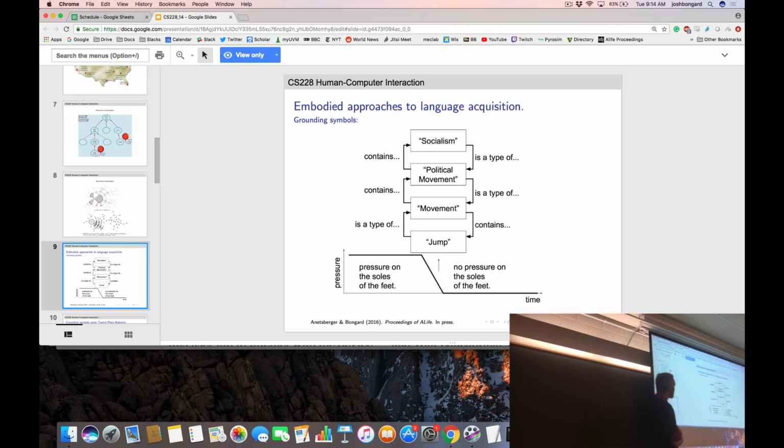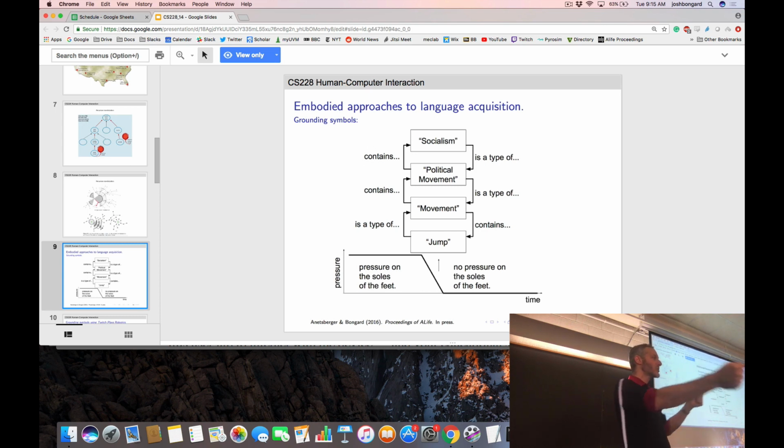There's a theory that's been out in the field for a long time, which says that one way to teach robots language is to get them to ground the symbols of language in their sensor motor experiences. Okay, so what does that mean? Imagine we have a robot, and that robot has little touch sensors in its feet. It's got little pressure pads in its feet, and the robot can feel whenever those pressure pads are firing.